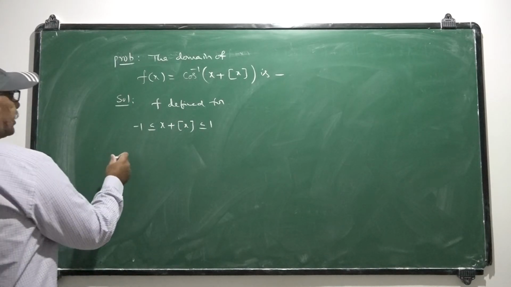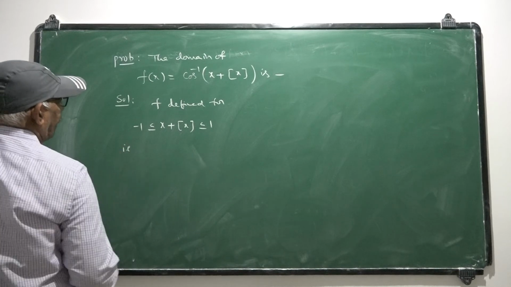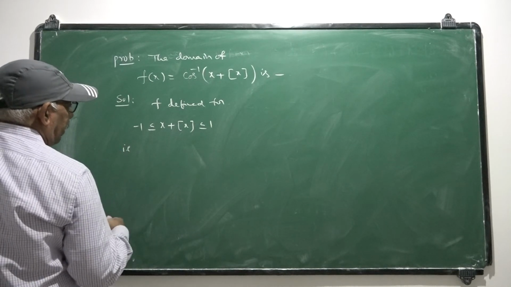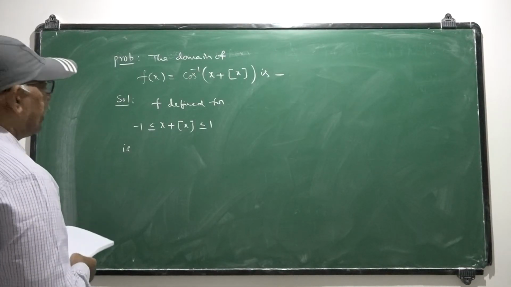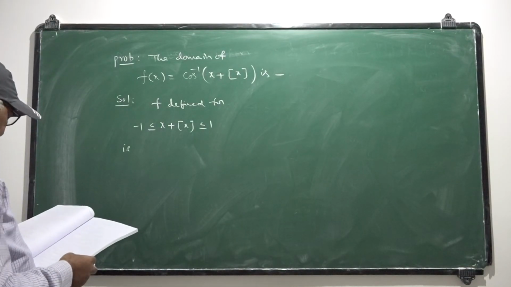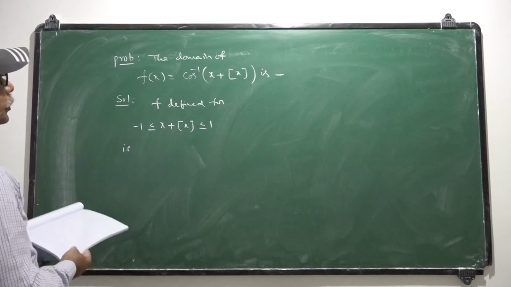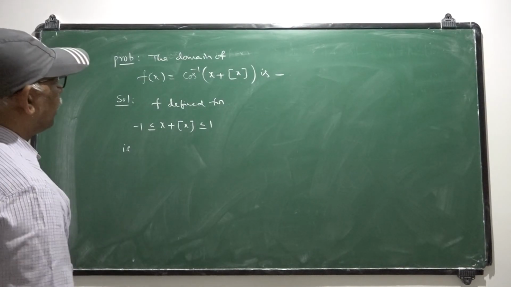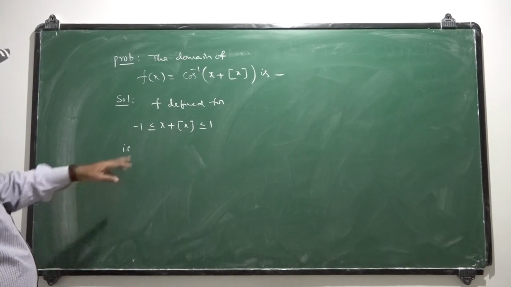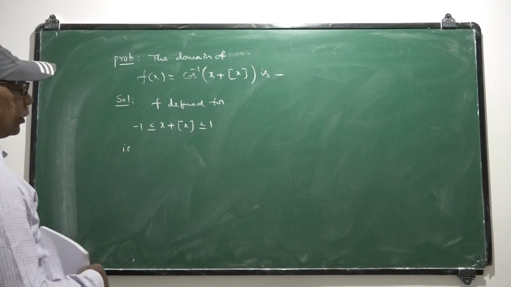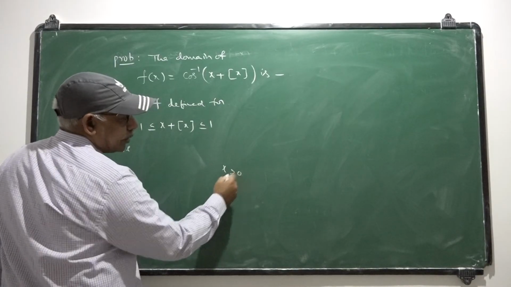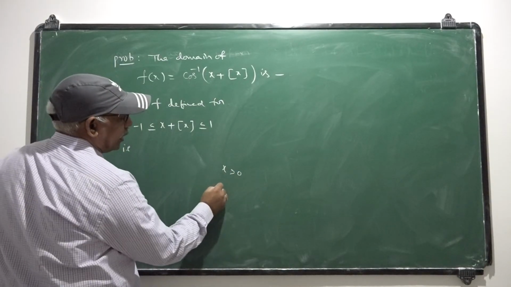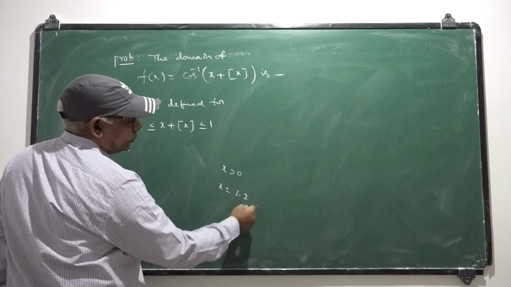That is, we are adding the integer part of x, and the sum lies between minus 1 and 1. So let us observe for what values of x this inequality follows. Suppose x is positive, x greater than 0. Let us take x equal to 1.2.